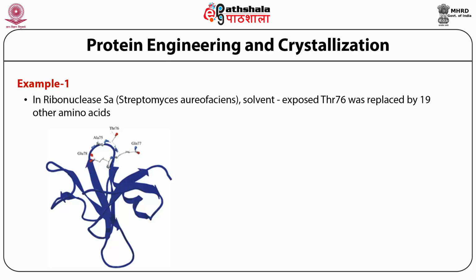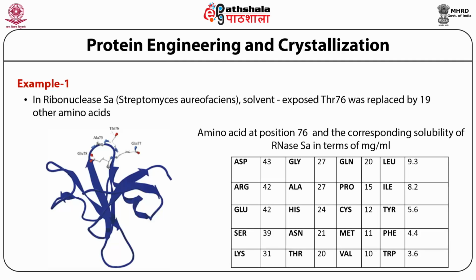Now Thr76, that is the residue, has been replaced by aspartic acid, arginine, glutamic acid, serine, lysine, every one of the 19 other amino acids. And from the table you can see the aspartic acid mutant gives 43 milligram per ml concentration.